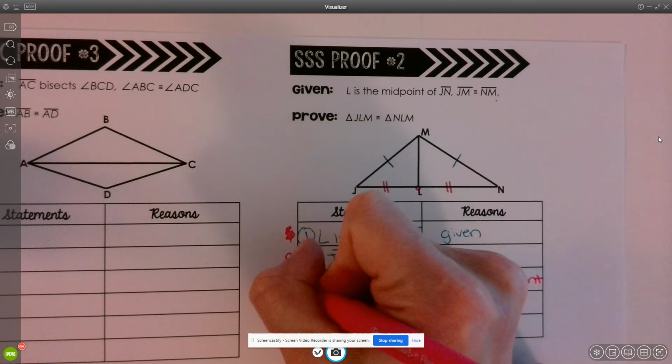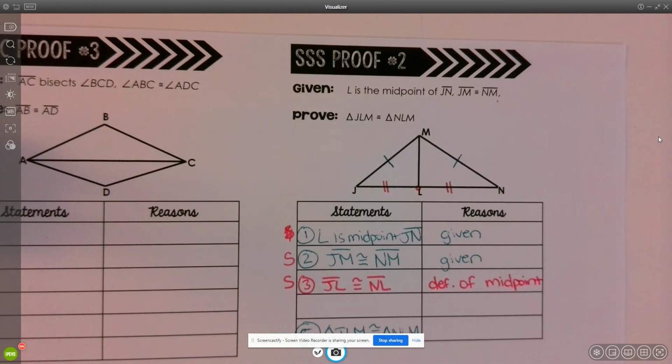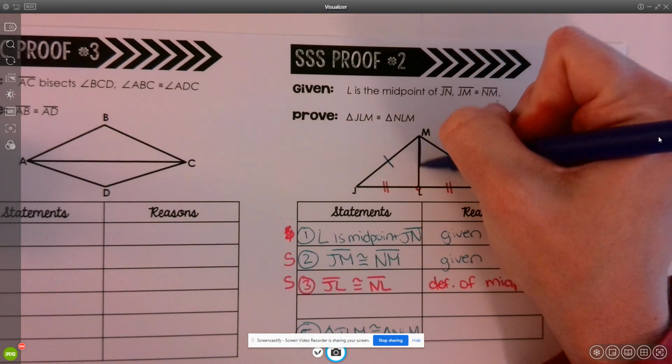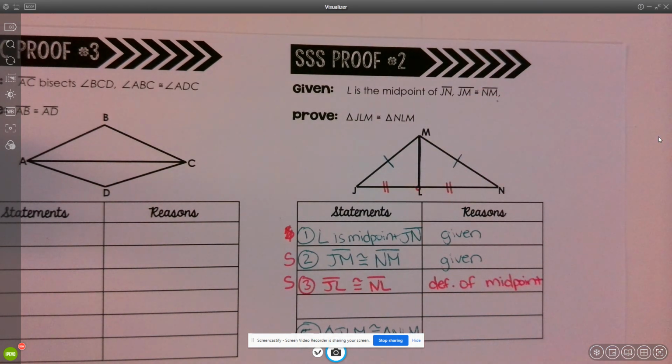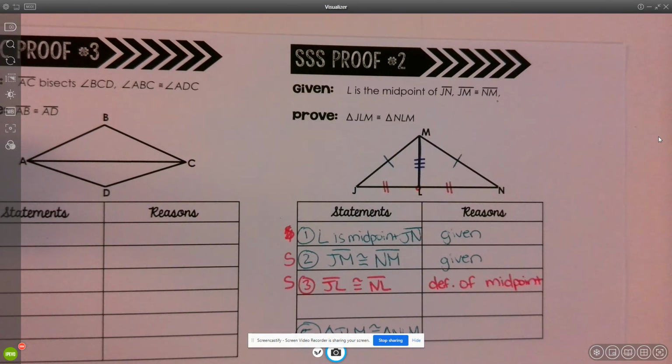So that helps me get a second pair of congruent sides. Now I need a third pair of congruent sides. What I notice, and hopefully it stood out to you, is that these two triangles share a side. They touch along line segment ML. Well, if they share that side, it has to be congruent to itself.